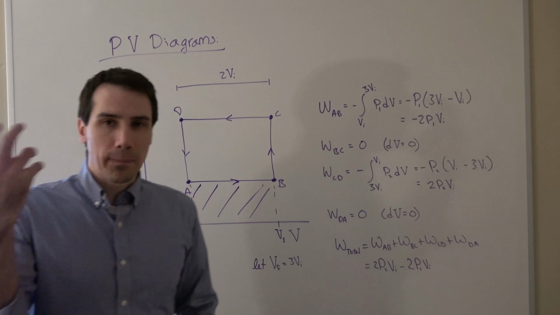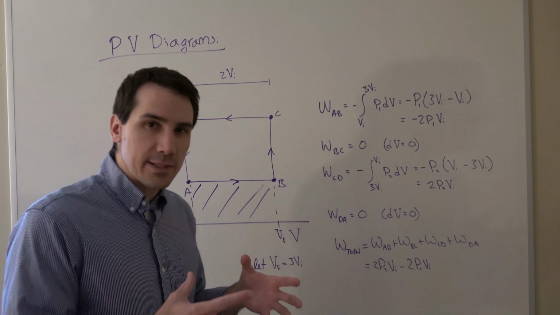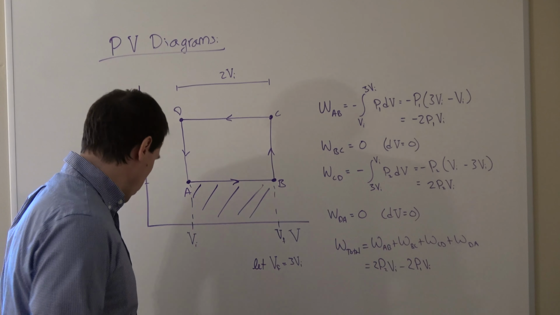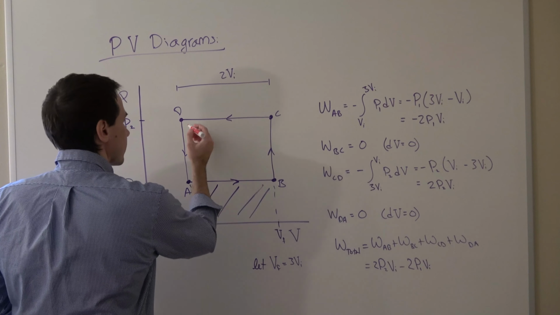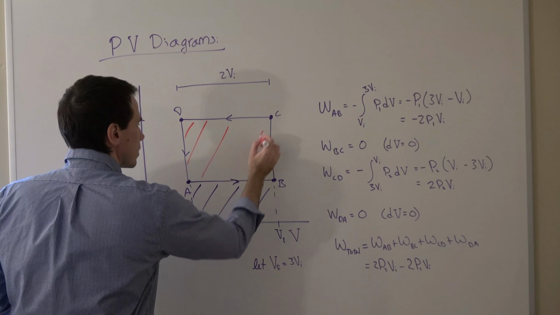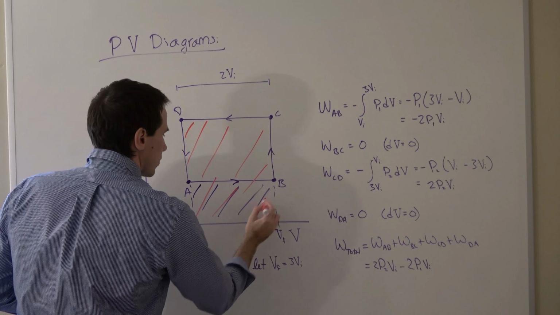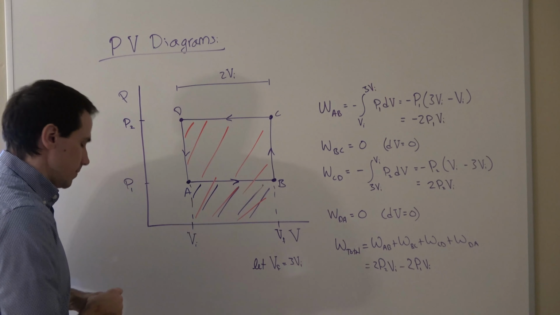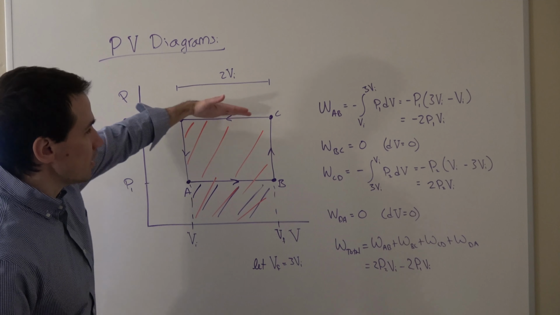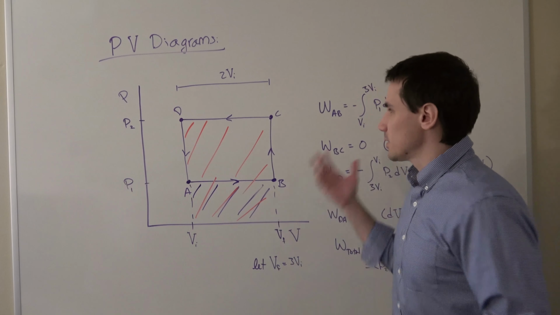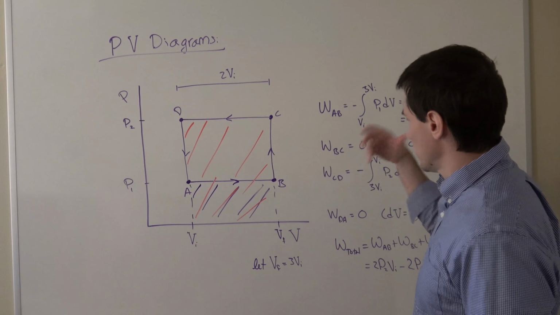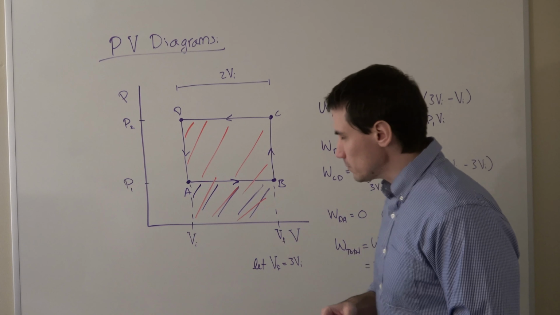So we end up doing positive work on the gas. So we compress the gas, that does positive work. And the work that is done here is actually the red marked area, right? Because it's all of the area underneath this line, and it's positive because we are compressing the gas.